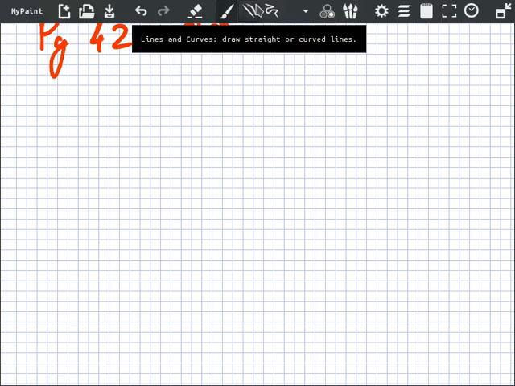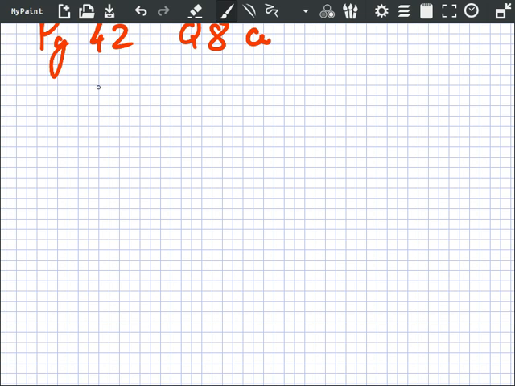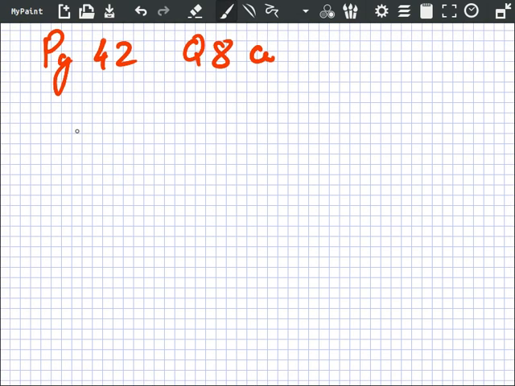Page 42, question 8A. You're told, for the geometric series below, find the first term A and the common ratio r, if the ninth term, U9, is minus 6561, and the sum of the first two terms is 2.